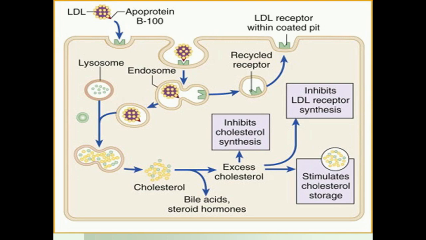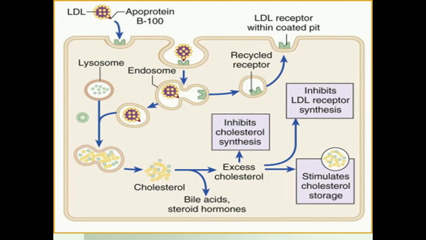LDL receptors are located in a specialized region called clathrin-coated pits. Binding of LDL to the receptors by ApoB100 and uptake of cholesterol from LDL is a highly regulated process.